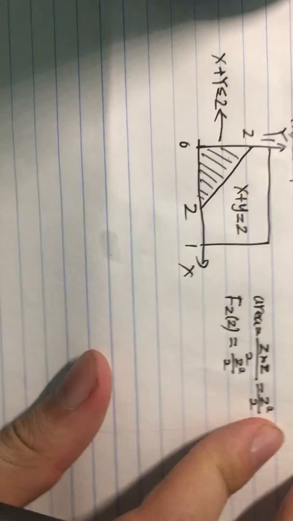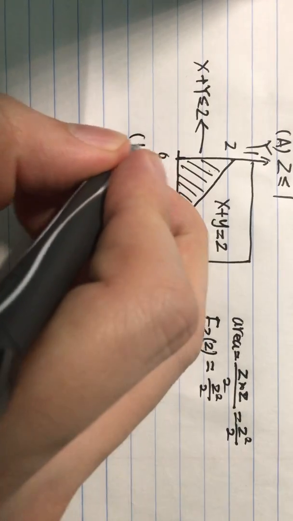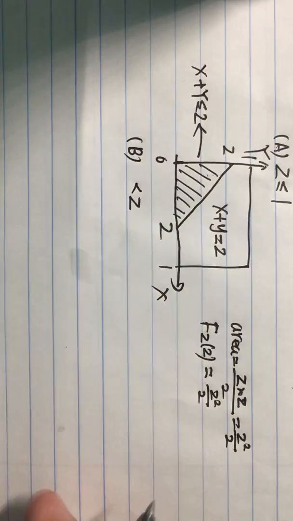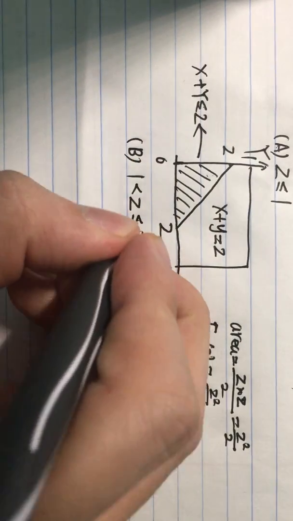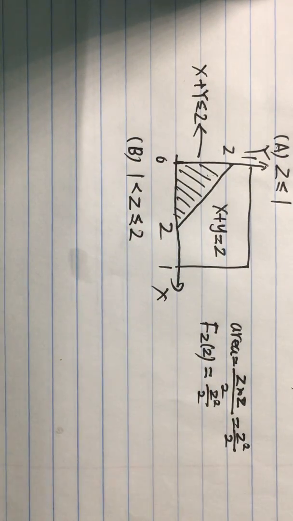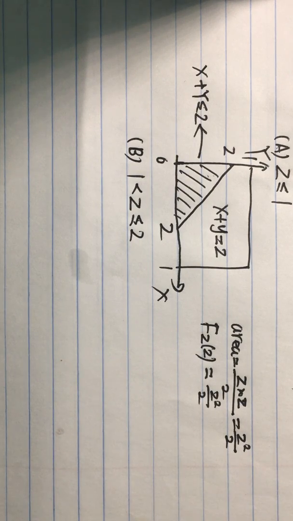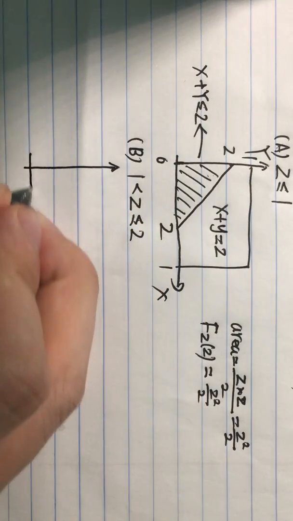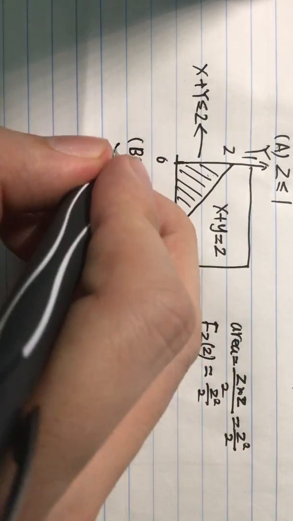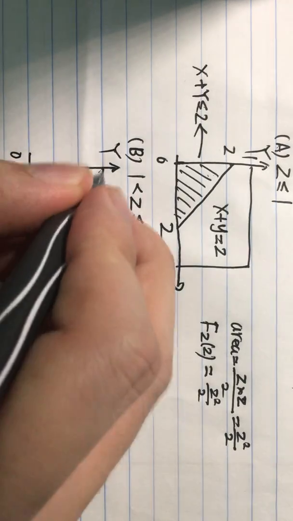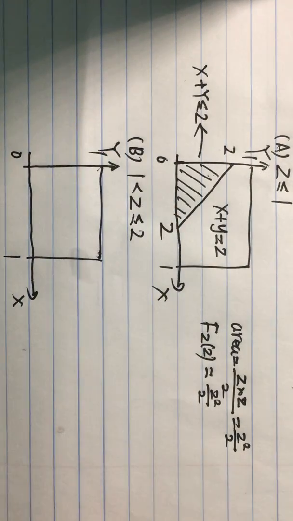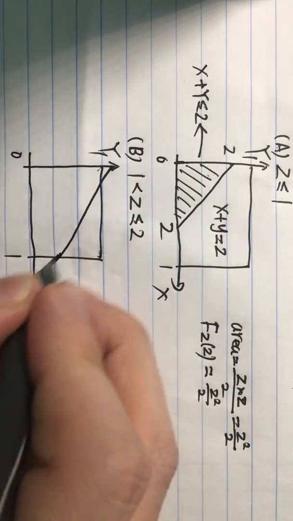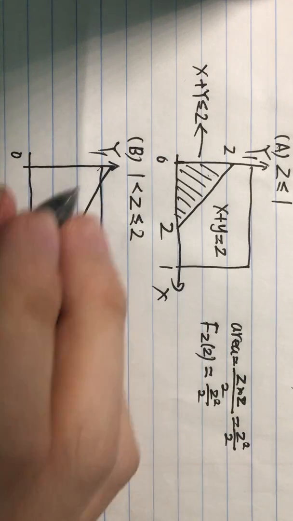Second, let's see the region where z is larger than 1 and smaller than or equal to 2. In this region we have the figure like this. Oh, sorry, it's not so straight.